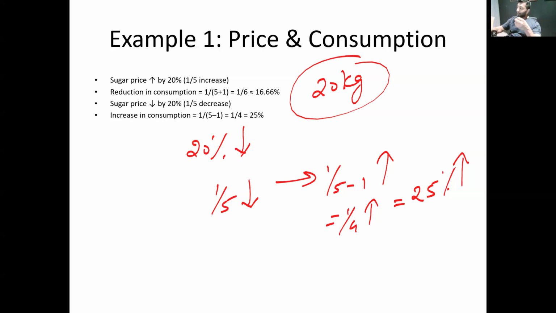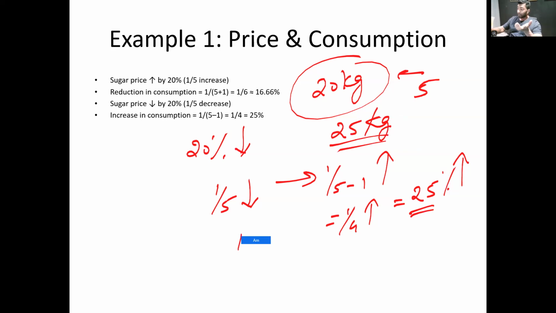Now you are saying that earlier 20 kg was the consumption. So rather than asking what is the percentage increase in consumption, they'll ask you in terms of quantity. Earlier 20 kg. So what is the new consumption? 25% of 20 kg is 5. So earlier it was 20 kg, now there will be a 25% increase, so this is going to be 25 kilograms.